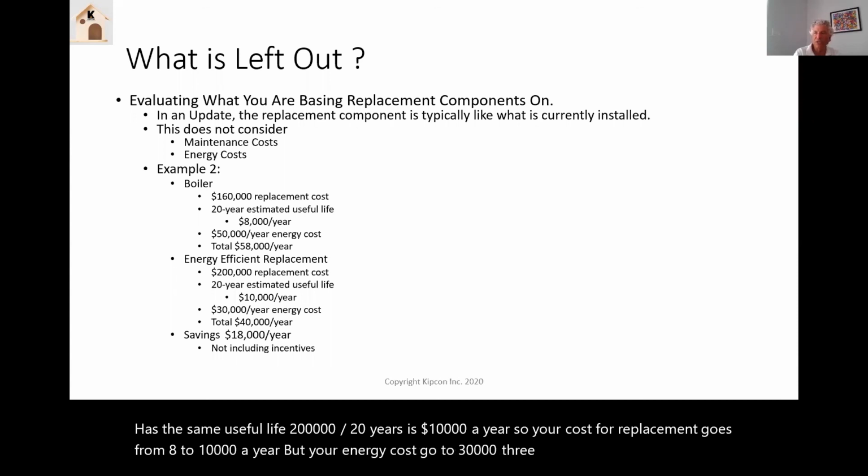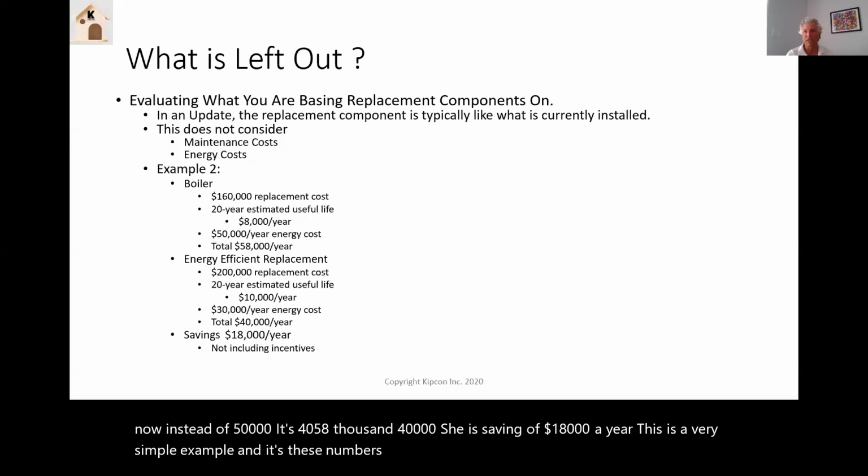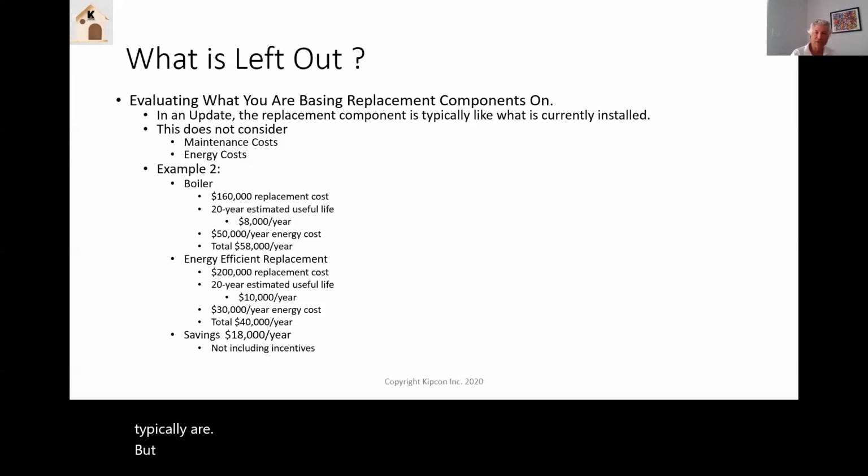So your total per year is now, instead of 58,000, it's 40,000. So you're saving $18,000 a year. This is a very simple example, and these numbers I'm showing are much lower than they typically are. But multiply that $18,000 a year over 10 years, you're saving $180,000. Keep in mind also, this does not include incentives.